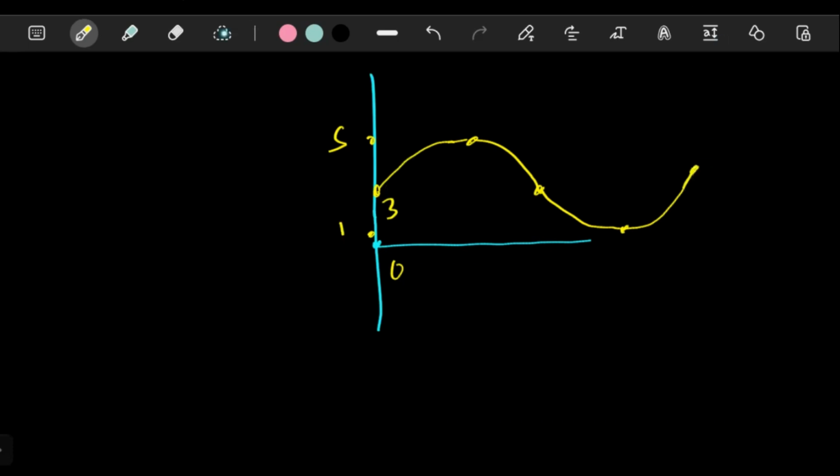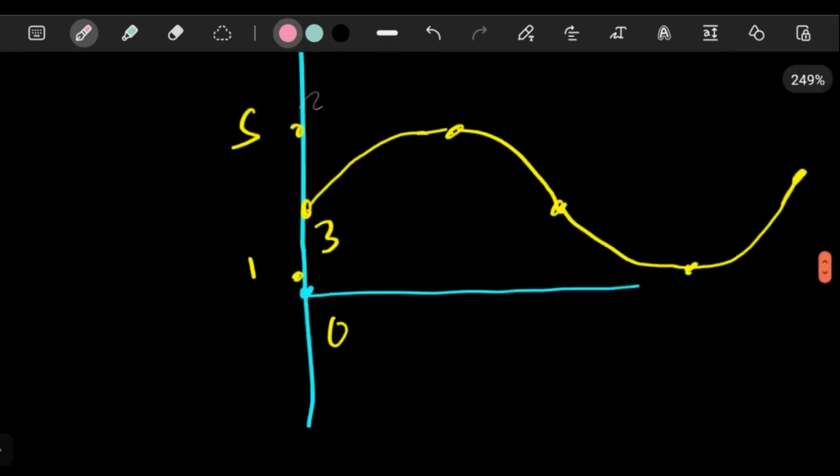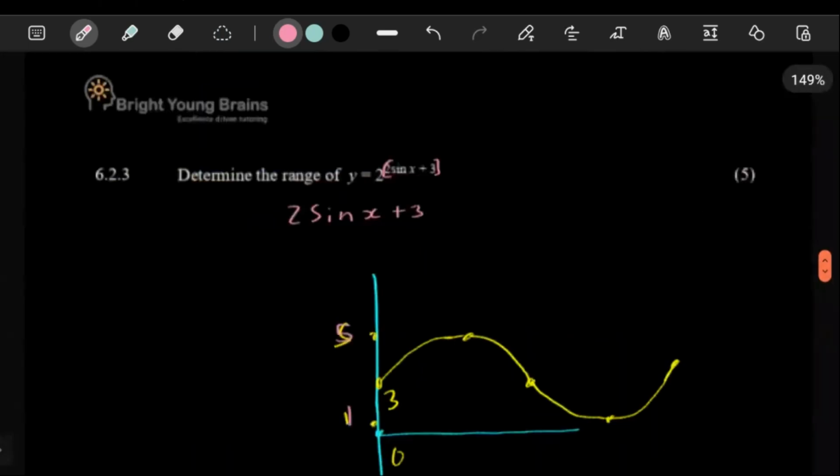You see, so them asking the range, it's technically going to be from 1 to 5. That's the range of the portion that is the exponent. On our exponent position, this can only be between 1 and 5.